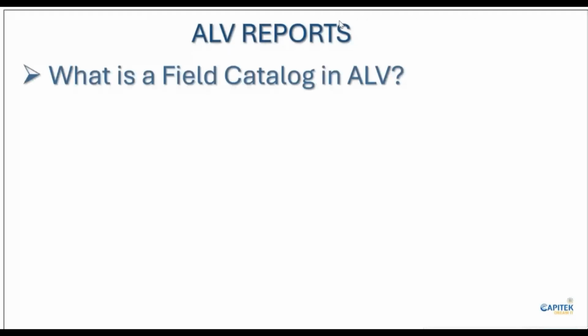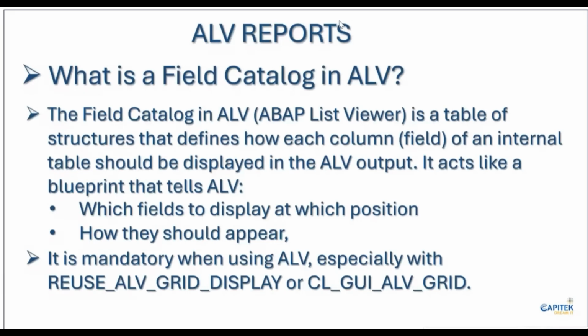Let us suppose you are trying to design the interiors of your home, let us talk about the furniture. You will have different designs, and we call them catalogs. In that catalog you can see different kinds of designs. Similarly, with respect to our ALV, it is called a field catalog.